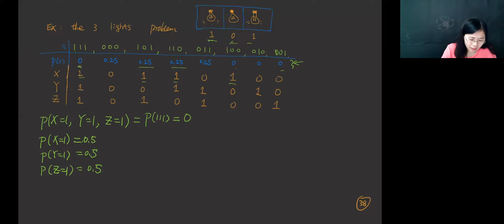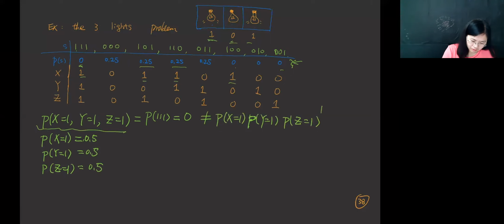Clearly, these 3 are not jointly independent, because this joint probability of x, y, and z is not equal to the product of the 3 marginals. So x, y, and z are not an independent group of variables.